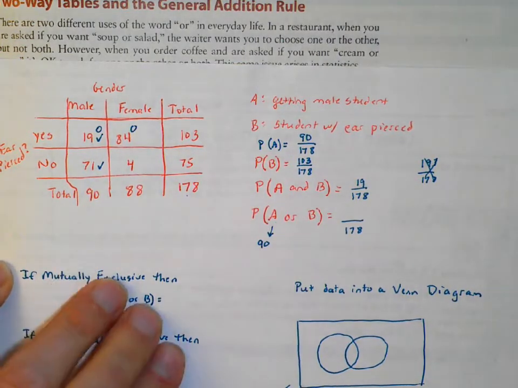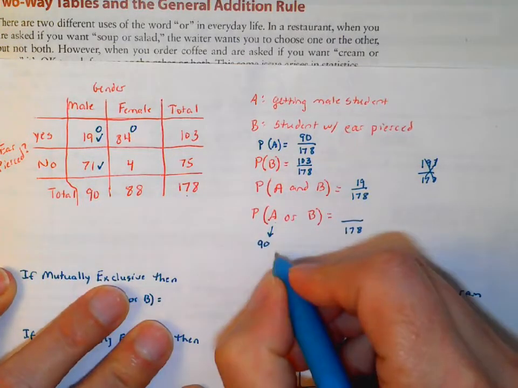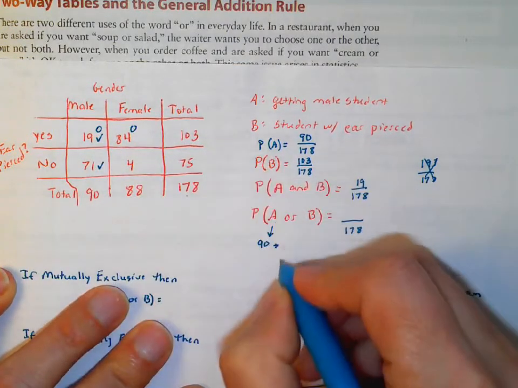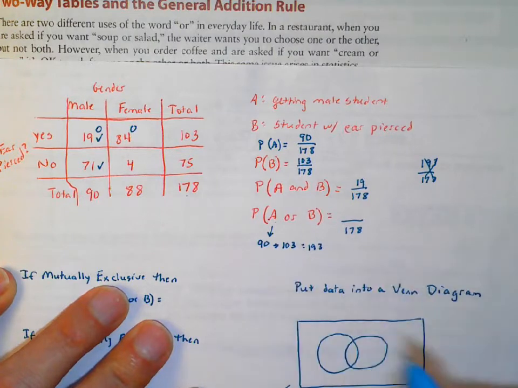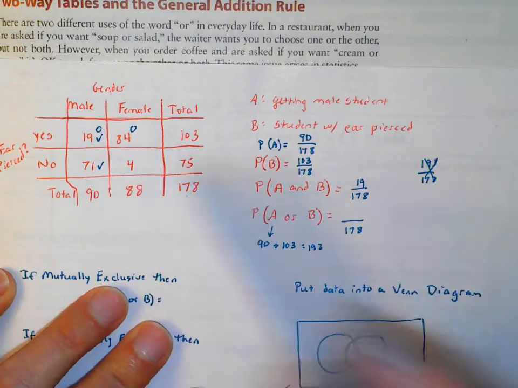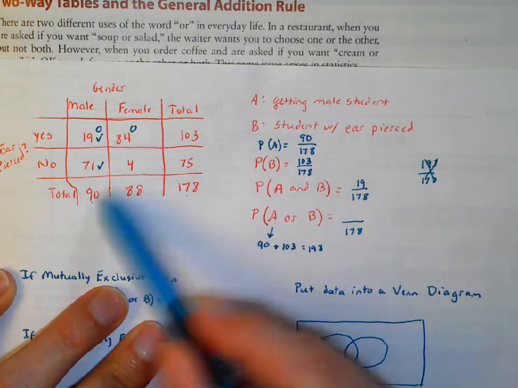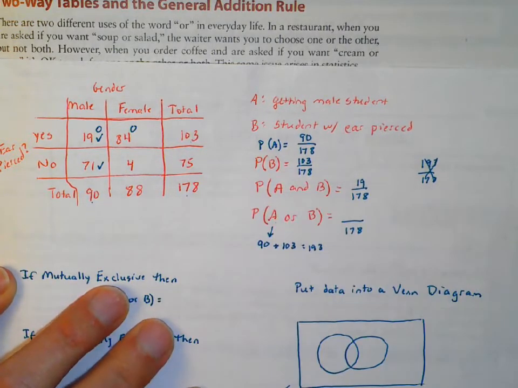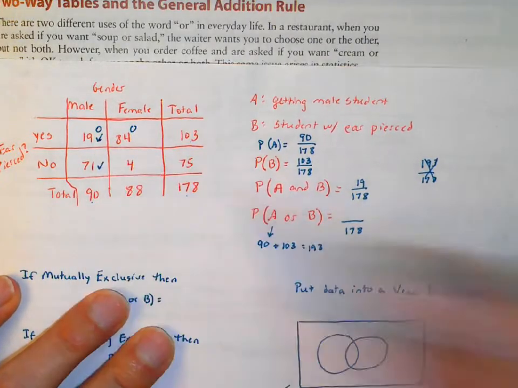Now, if I just take the 90 males plus the ears pierced, I got that 193, right? Why is it not really 193? Why can I not just add 90 and 103? The reason is because these 19 people, I counted twice.